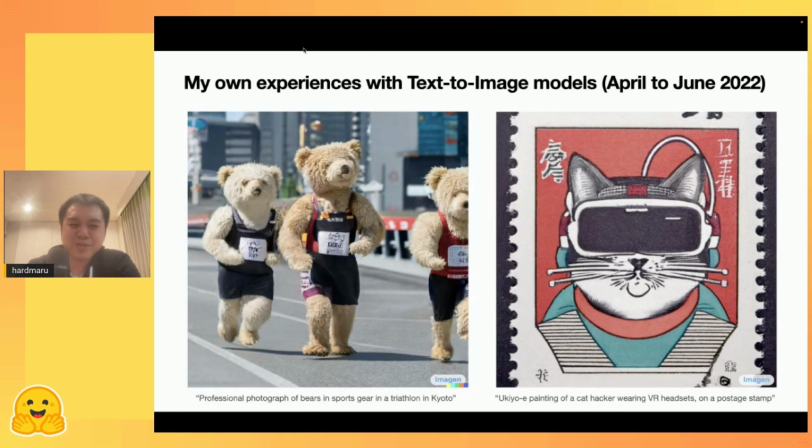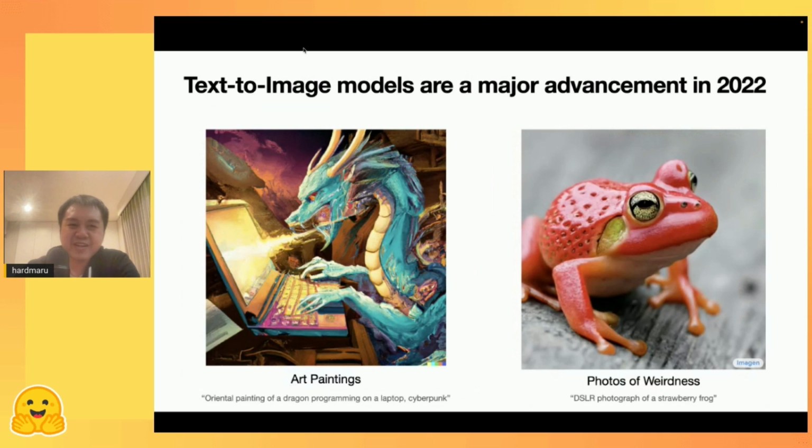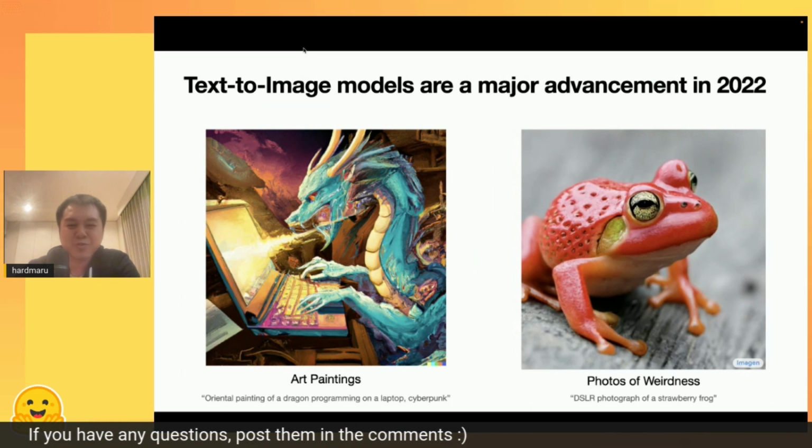You may look at my Twitter, and my Twitter feed was full of these examples. So I really liked to play around with DALL-E 2 and Imagen at the beginning. When I started using DALL-E 2 and Imagen, I knew this was going to be a game changer. It's going to change the world.